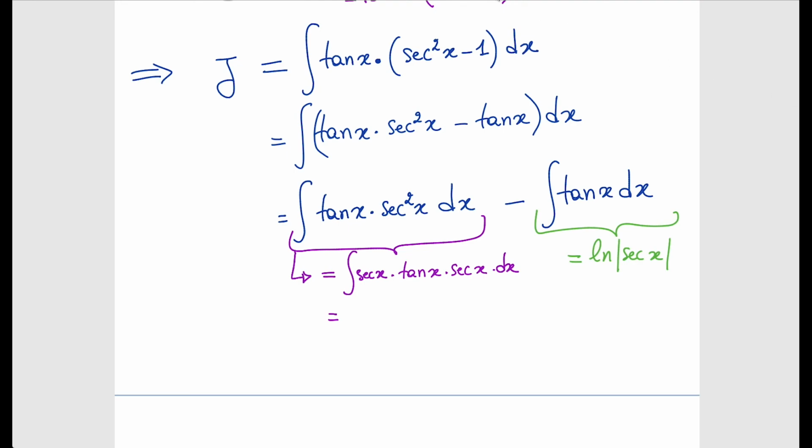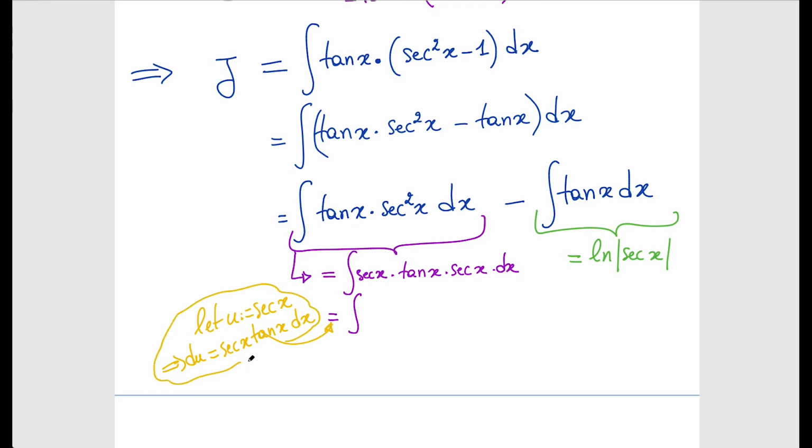And all this thing is d of that, the differential of secant, because the derivative of secant is sec tan. So if you call u to be secant x, then du becomes sec x tan x dx, right?